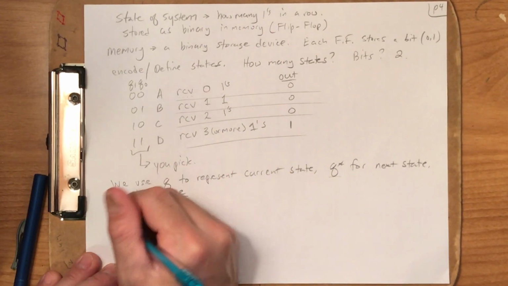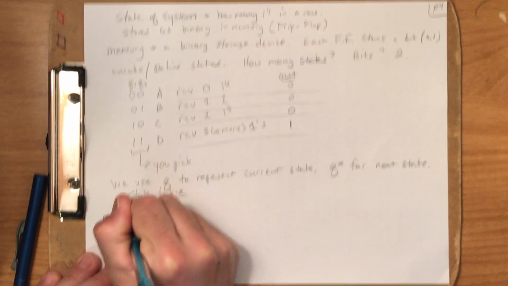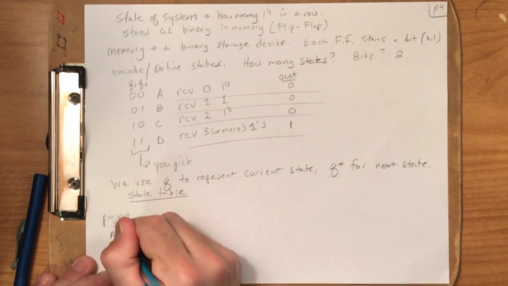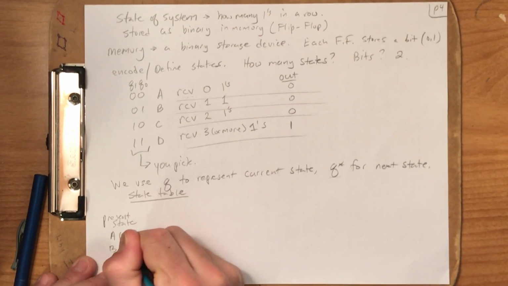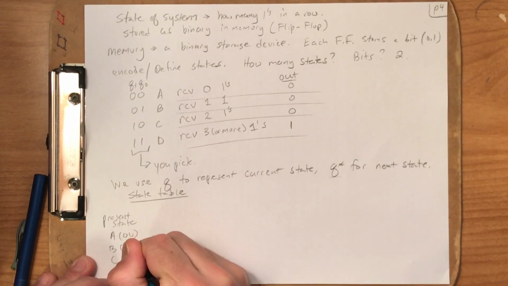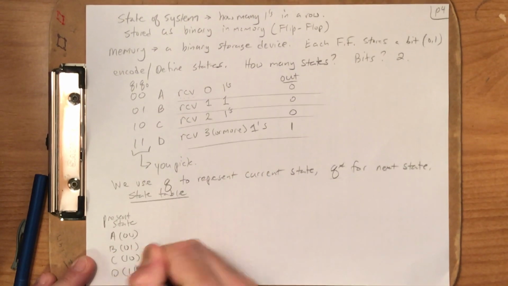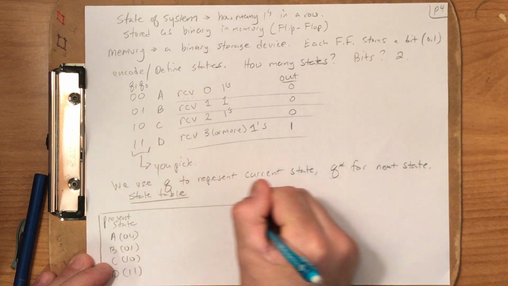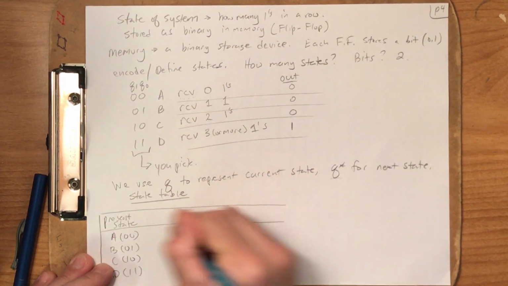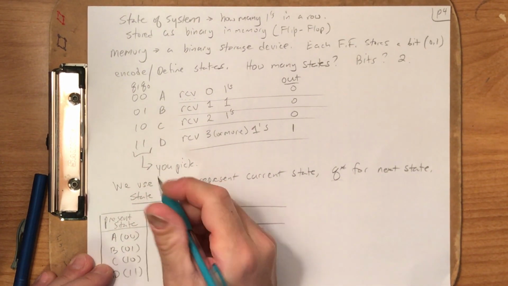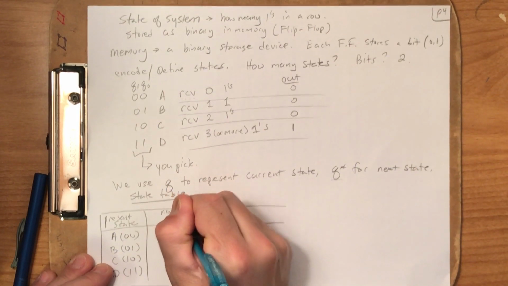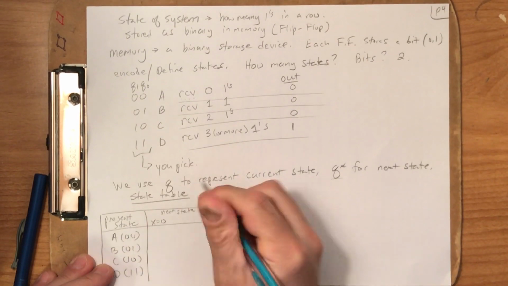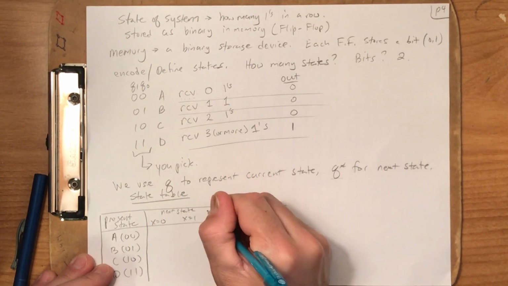So here's our state table. Present state: A, B, C, and D. Next state: we need a column for x equals 0 and x equals 1.